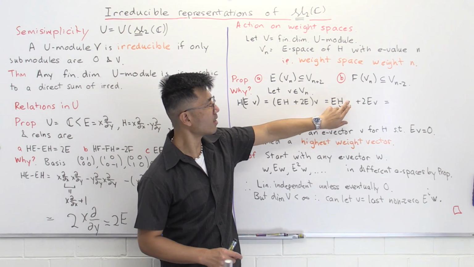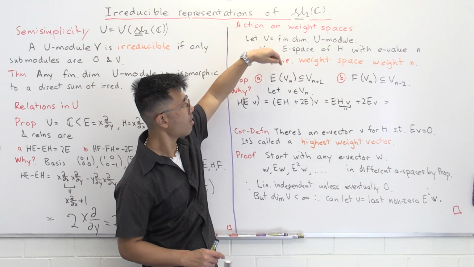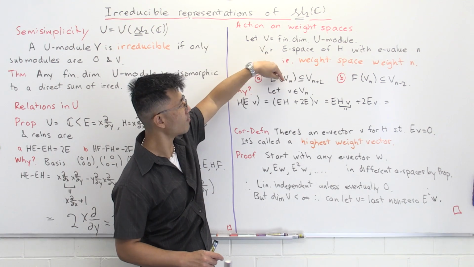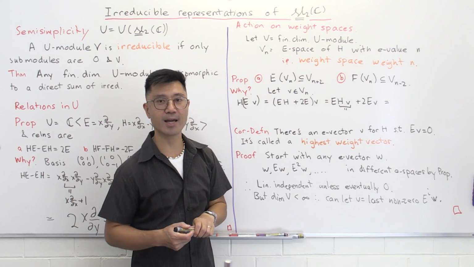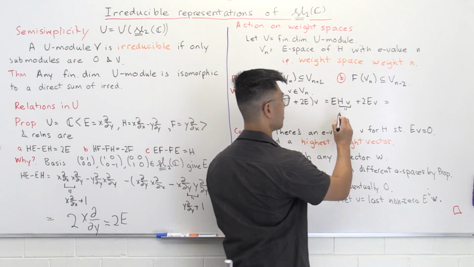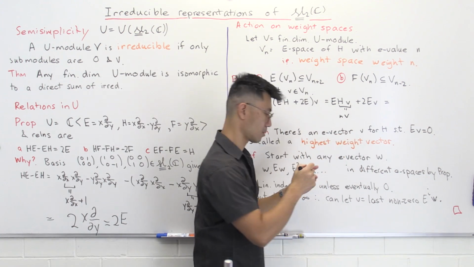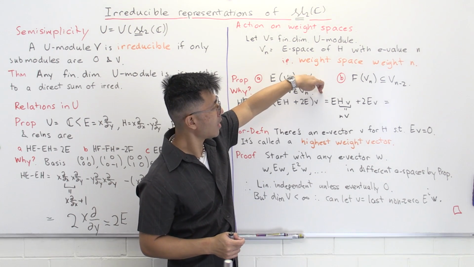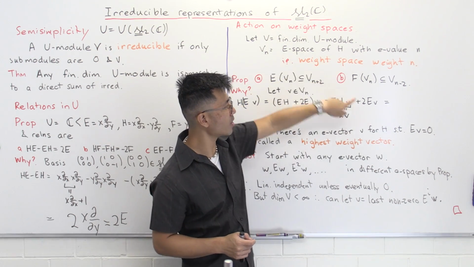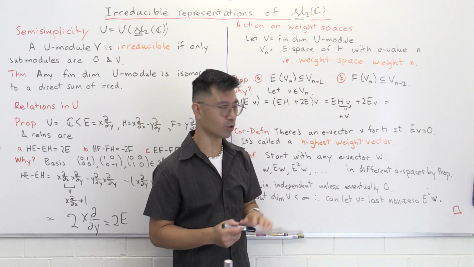We use the fact that v is an eigenvector for H with eigenvalue n, it's inside Vn, so H just scales v by n. So that's just nv. That means we can pull this scalar n out to get n times Ev, and you've got another 2Ev here.